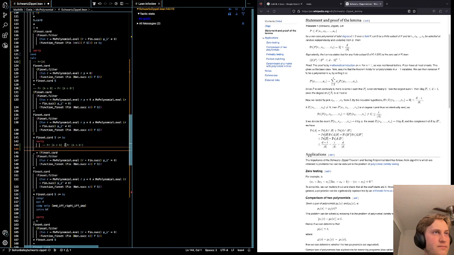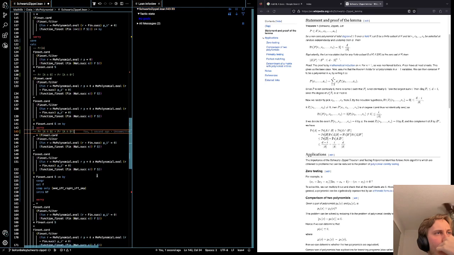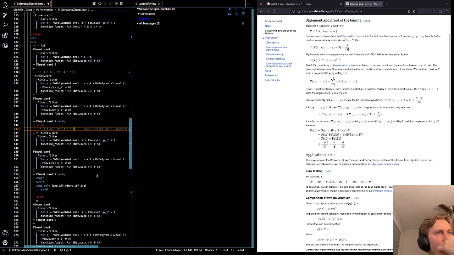Let me just inspect this. This is A and B where they're both 0, and this is A and B complement where 1 is not equal to 0.